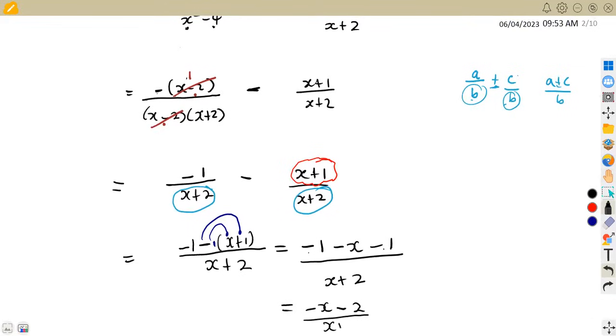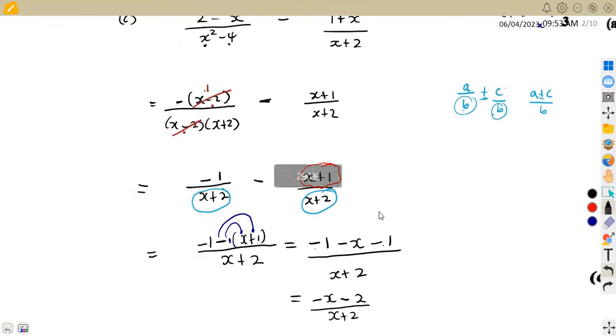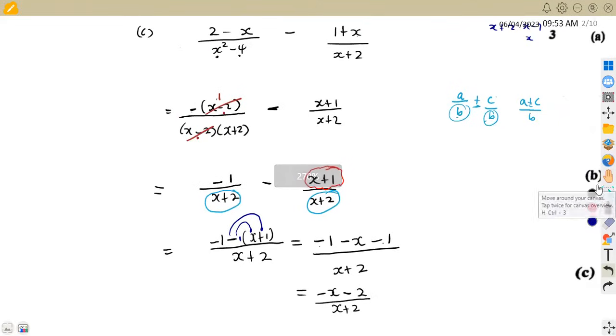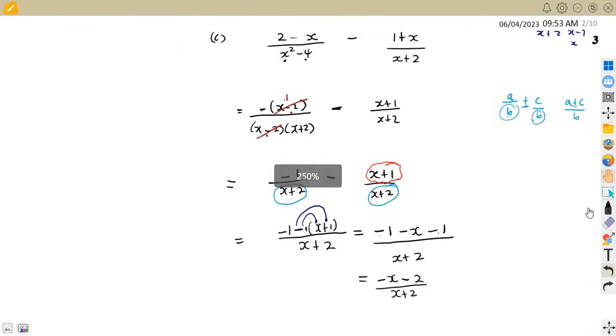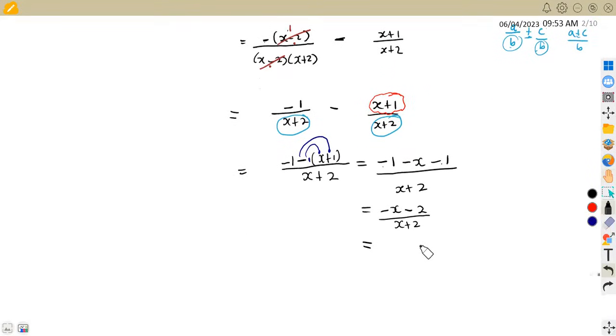Everything over x plus 2, which is not complete again, because at this stage, we can note that from the numerator, there is something that is common there. So what we can do is to factor out a negative from the numerator. So if you factor out a negative from the numerator, that is going to be negative. That will be positive x, negative, that will be positive 2.